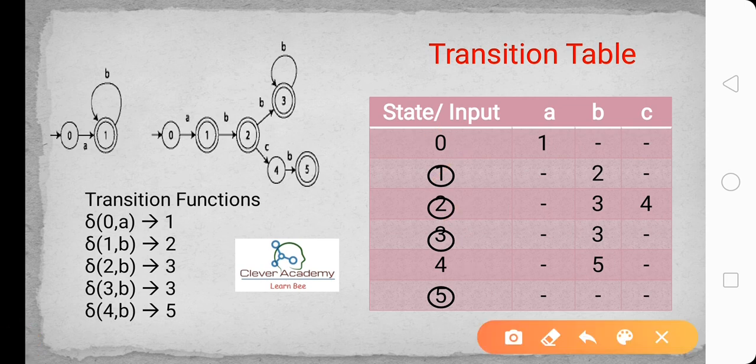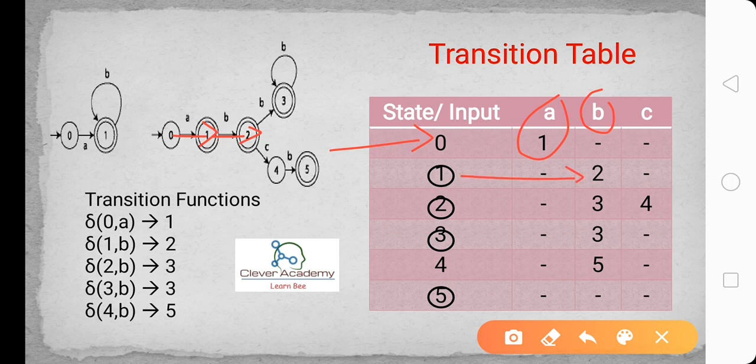From the start state 0, on A it moves to state 1. From 1 on B it moves to 2.